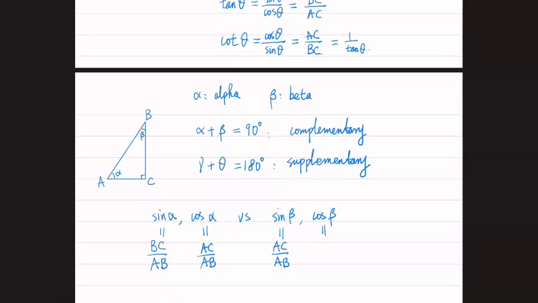There will be a ratio: the side adjacent to it over the hypotenuse side. This will be BC over AB.